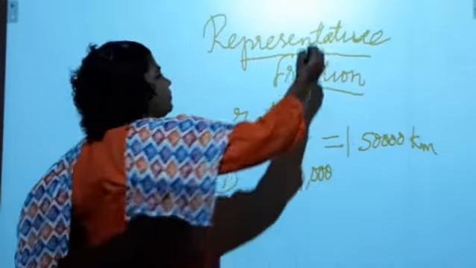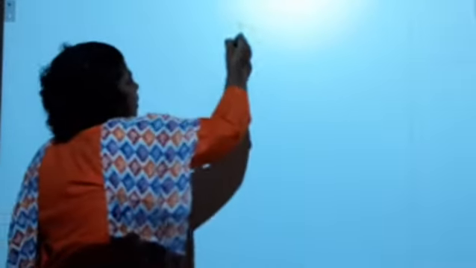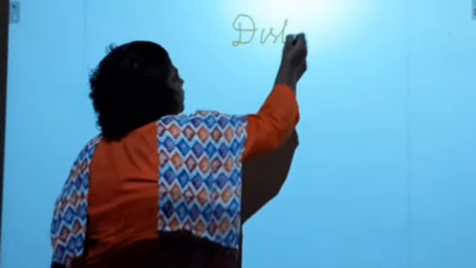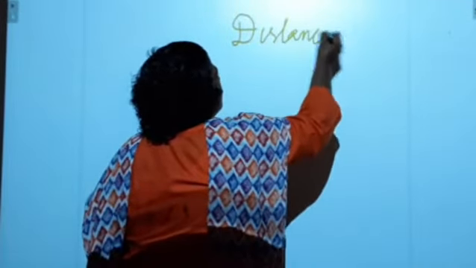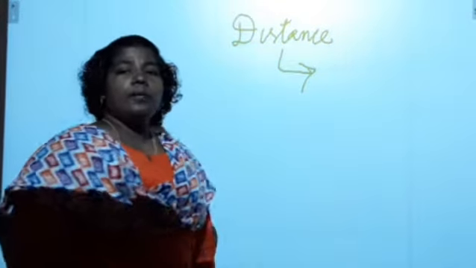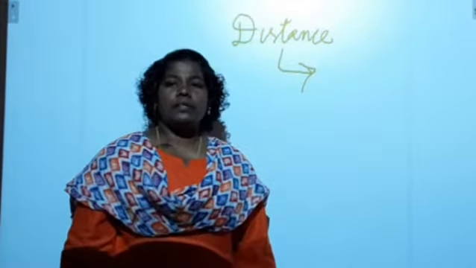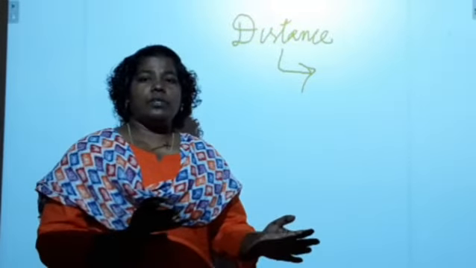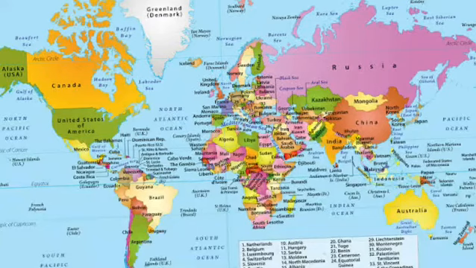And the next thing you are going to see is distance. There are two methods in measuring distance. When we see the map, the lines or the borders of a map are not straight.